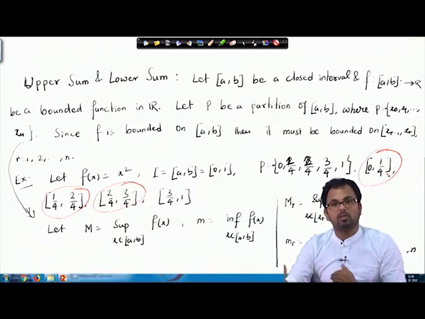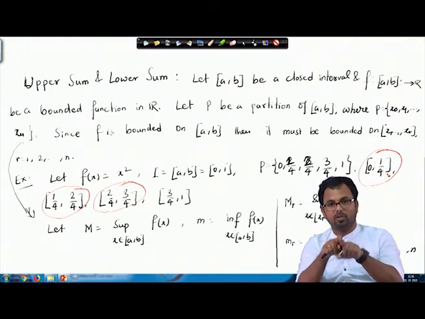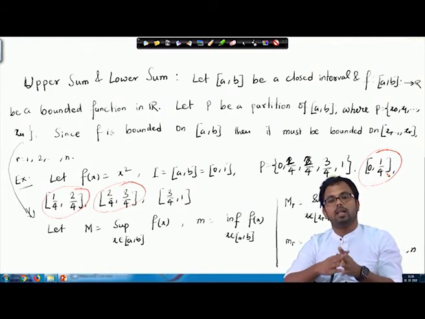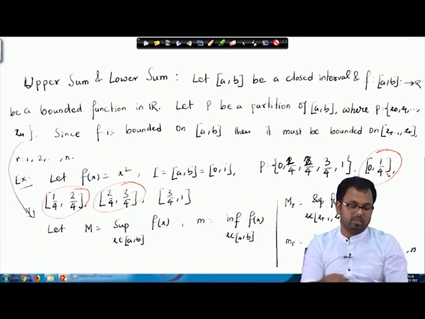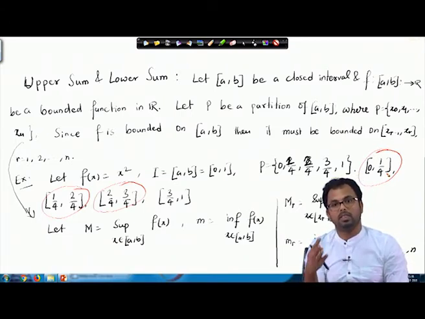So, it is equal actually, but as we proceed along these subintervals, we can see that the lower bound for the whole interval 0 comma 1 is either equal or less than, because on the other subintervals the lower bound is not 0, it is 1 by 16 or 1 by 4 or something like that.